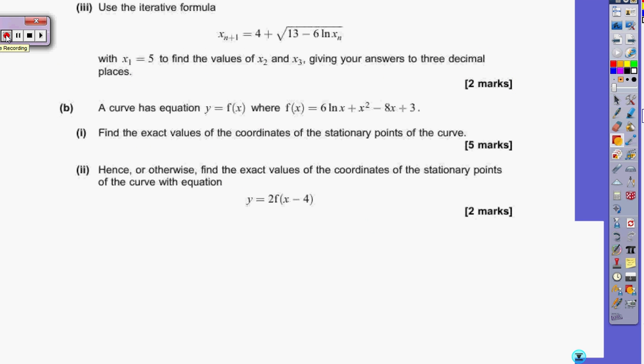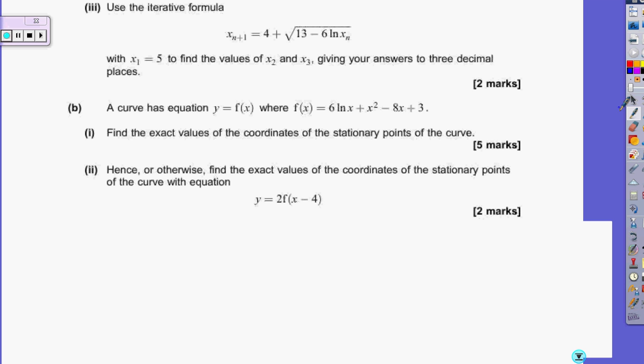Right, I've changed the page now, and we'll have a look at using the iterative formula. Which is quite straightforward. I think most people get this right. So you're literally going to put in x1 equals 5. Then x2 is 4 plus the square root of 13 minus 6 ln 5, and you get the answer 5.828 as long as you round it correctly.